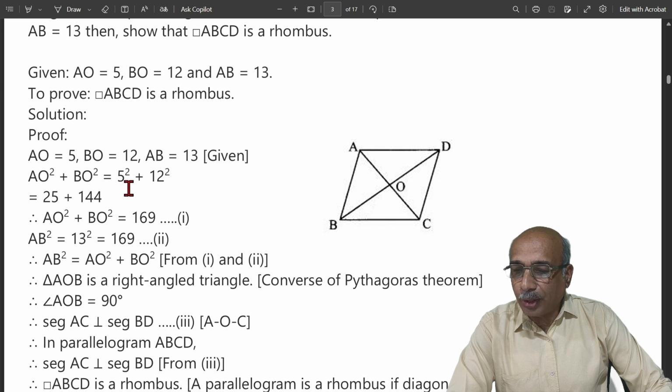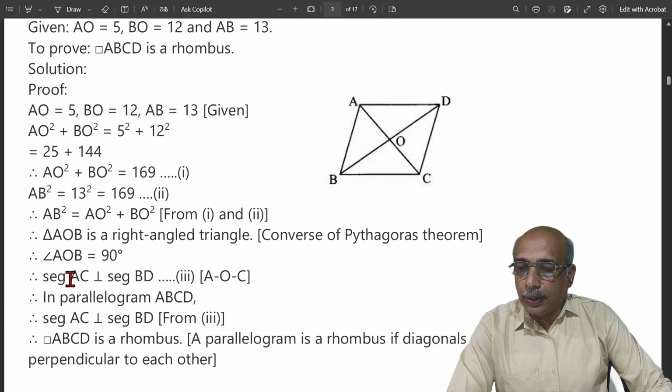That is 5 square plus 12 square equals 25 plus 144 equals 169. Therefore, AO square plus BO square equals 169. Therefore, AB square equals 13 square equals 169. If we equate these two, from equations 1 and 2 above, triangle AOB is a right angle triangle, by converse of Pythagoras theorem.